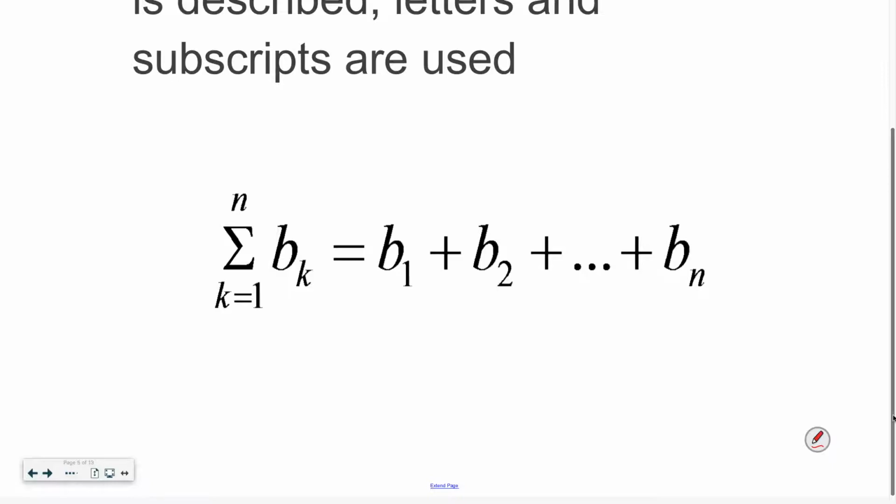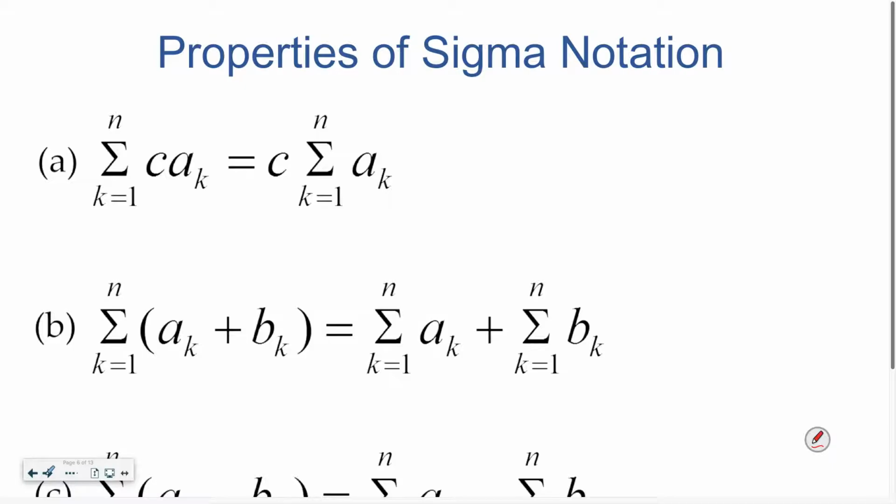Then plugging in 1, 2, all the way to n, we have the different terms of the sequence. Not a huge deal. I don't think it's necessary for you to write down. But we're going to talk about some properties of our series, our sigma notation: what we can do outside or inside, and how we can move things around. This will be important because I'm going to show you some shortcuts.